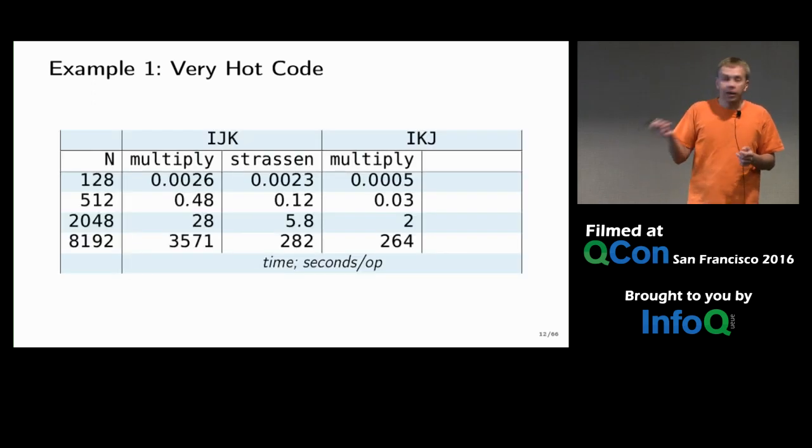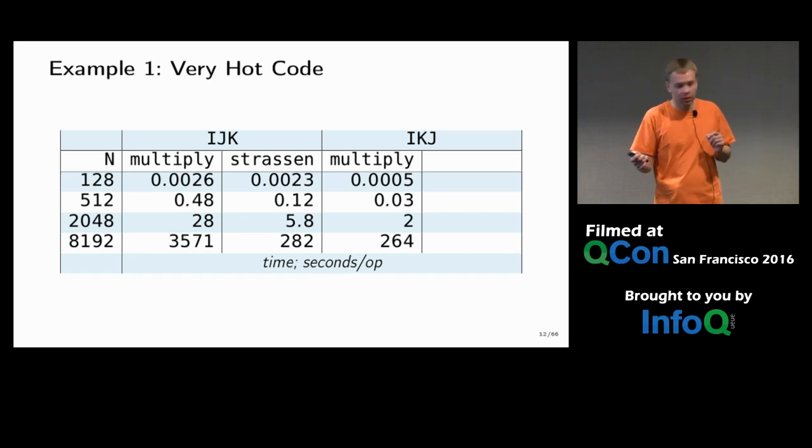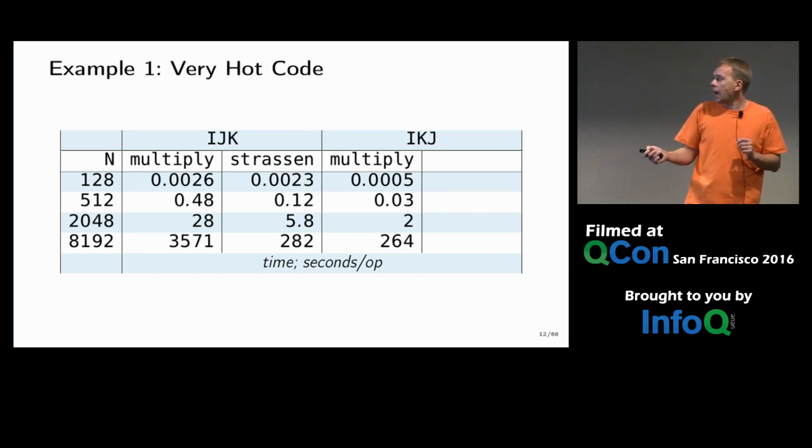Okay, here are the results of that optimization. Here is the old code, the old sequence of loops i j k as it was written originally, and here is the modified i k j, where I interchanged the loops. And here is the time: here is multiply, here is the Strassen algorithm, and here is straightforward multiplying again.